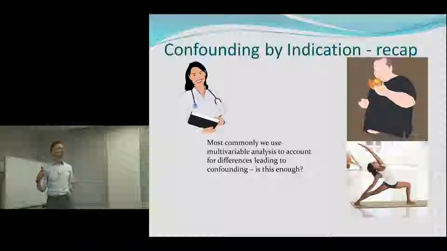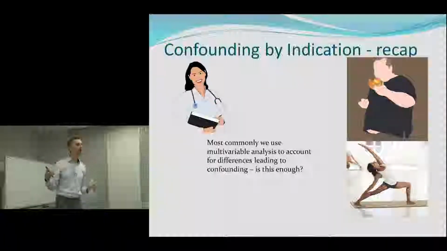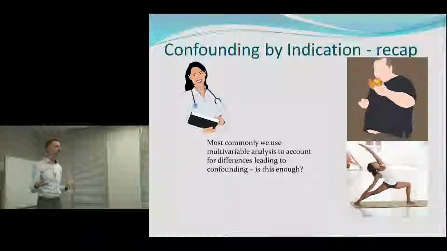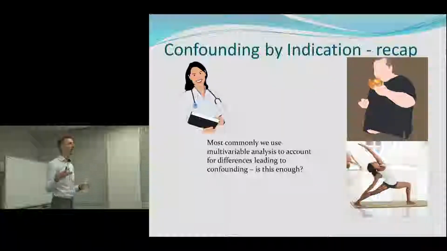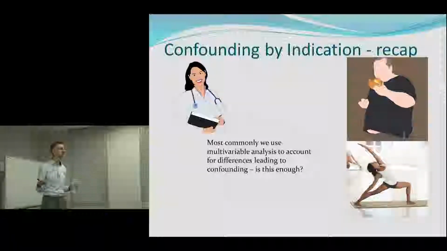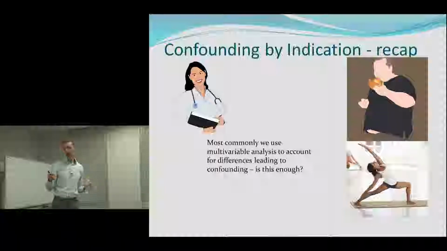Now, normally when we do a study, if we want to compare people given one treatment with people given no treatment or a different treatment, we'll usually use a multivariable method to adjust for confounding. The problem is, within our big populations in an electronic health record database, it's very hard to tell if our exposed population tends to look a bit more like him and our unexposed population tend to look a bit like her.